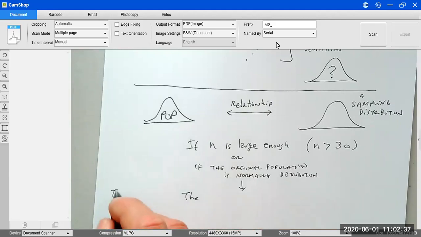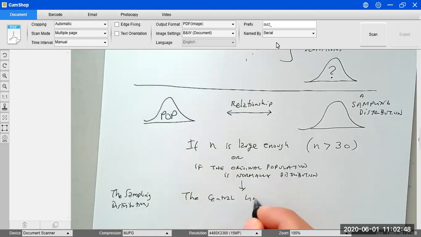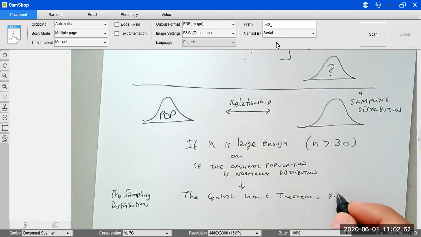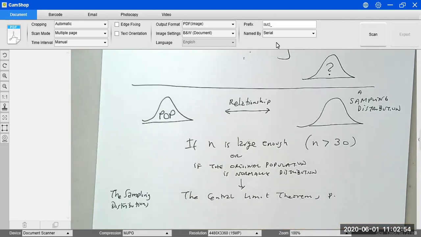So the sampling distributions follow the Central Limit Theorem, which is described on page 323.